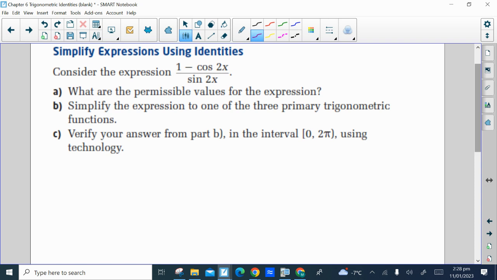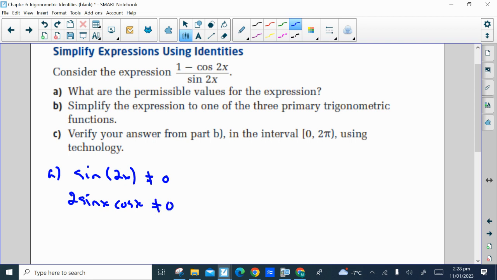We start with our non-permissible values, and our non-permissible values always come from the denominator. Sine 2x cannot equal 0. That's our denominator. And sine 2x, remember, is 2 sine x cos x. That's right from the formula sheet. That's the double angle identity for sine.